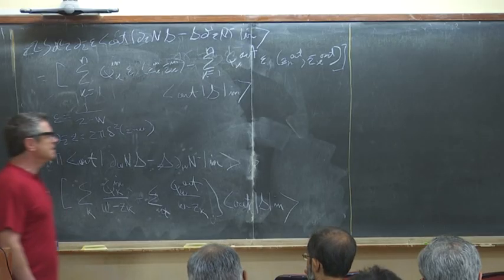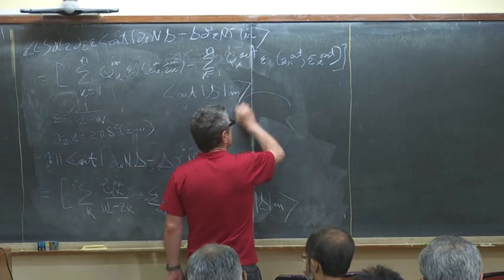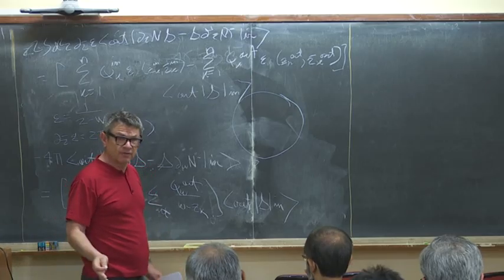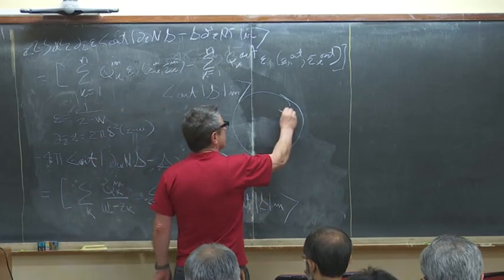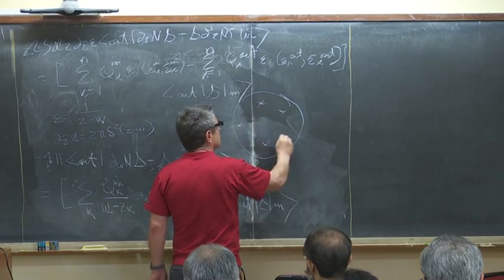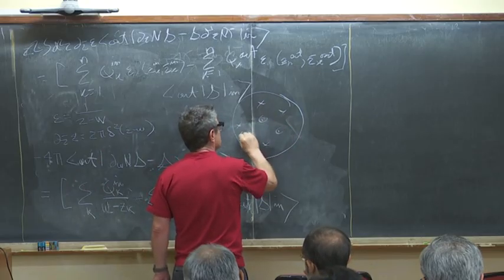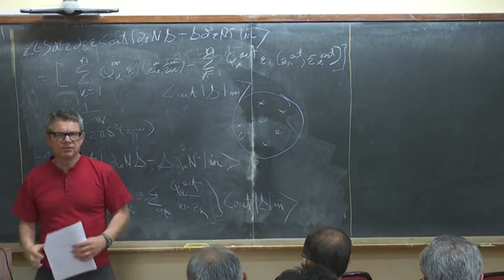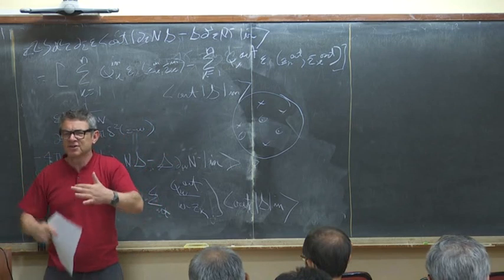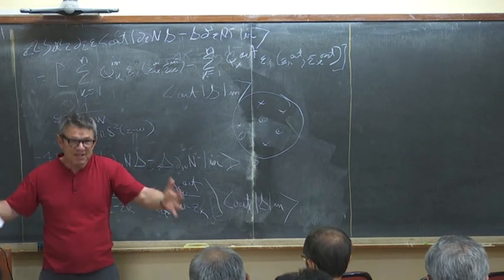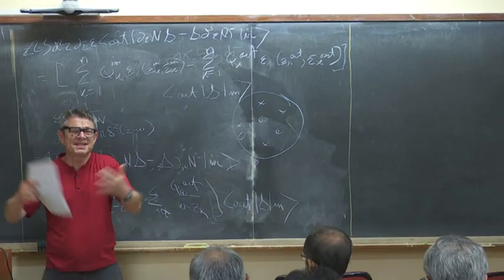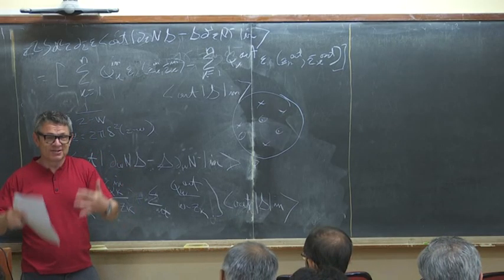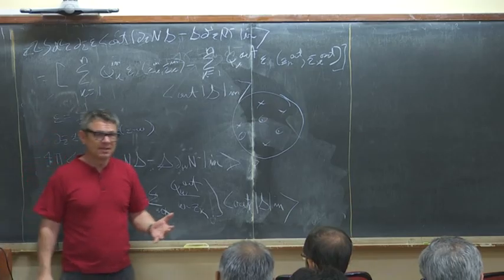So the idea is to think of scattering as a kind of correlation function on the celestial sphere, and you have a bunch of insertions, ingoing and outgoing particles. That's your rewriting of your scattering amplitude. Lorentz invariance says that if you rewrite the scattering amplitude in this way, it has the global conformal symmetry.